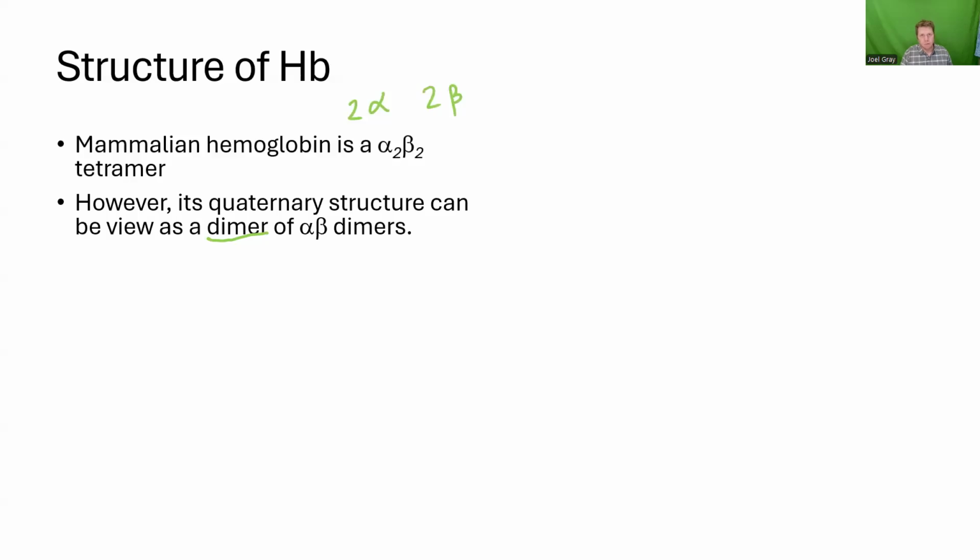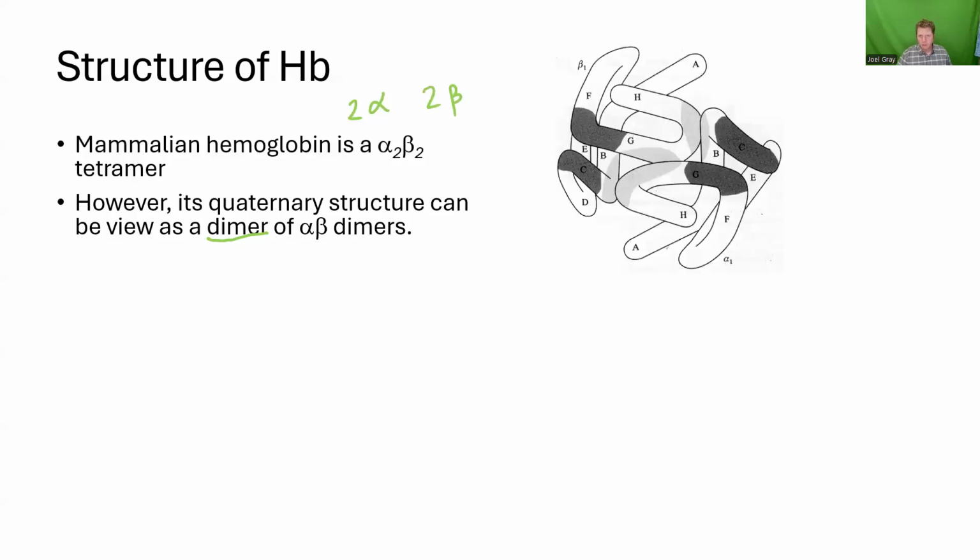of dimers. So what that means is we've got an alpha subunit depicted right here and a beta subunit depicted right here. So essentially what you've got is an alpha beta dimer and then another alpha beta dimer.